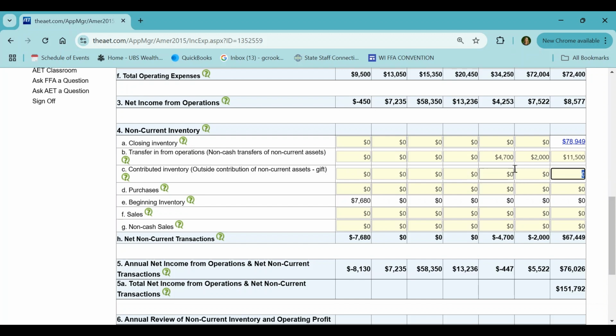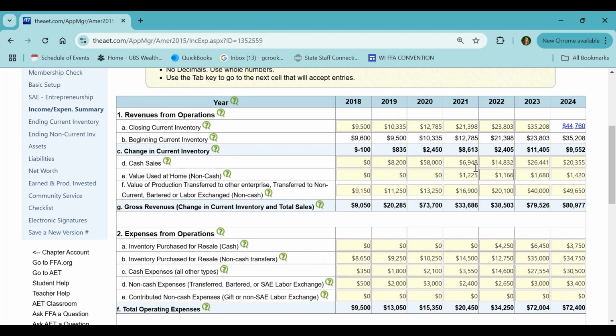So it depends on how many heifers he transferred in and their value for that 1 year that he kept them back in his current inventory. All right. And then that completes the top part, the current inventory for the income and expense summary.